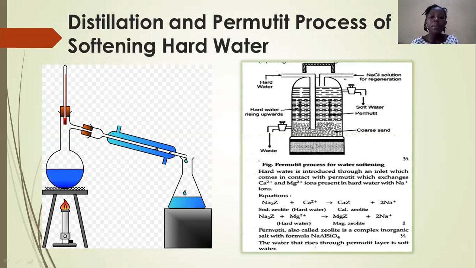Now, in this Permutit process, when the zeolite is exhausted, you can refill it by adding sodium chloride to regenerate the sodium zeolite, which is the Permutit.